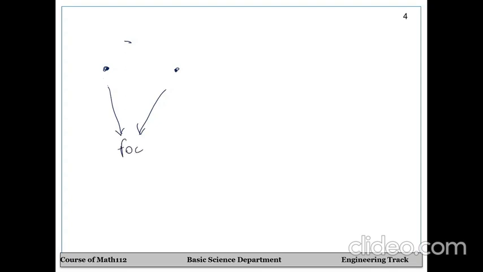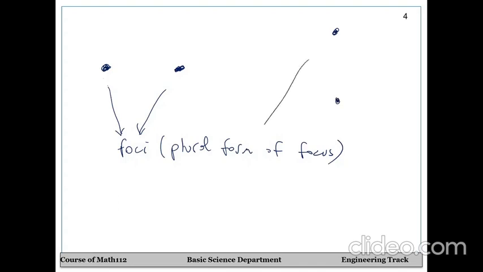They are important, so we call them foci, as I said before, the plural form of focus. Your foci might be given like these 2 points horizontally, or they might be given like this one here vertically. So these are all foci.